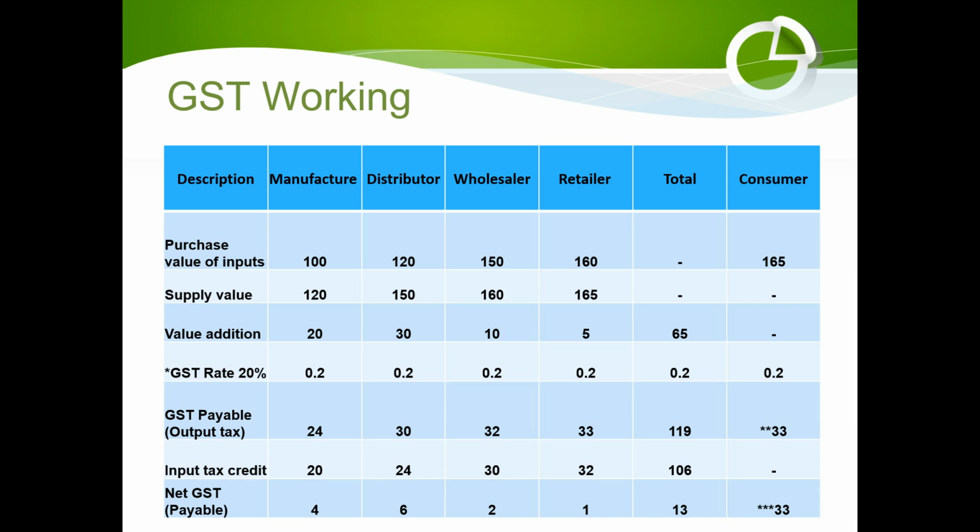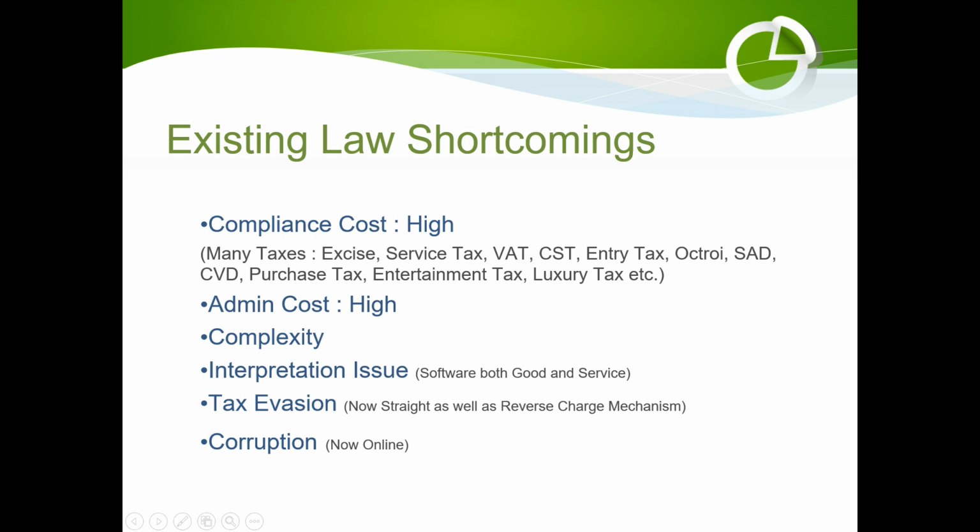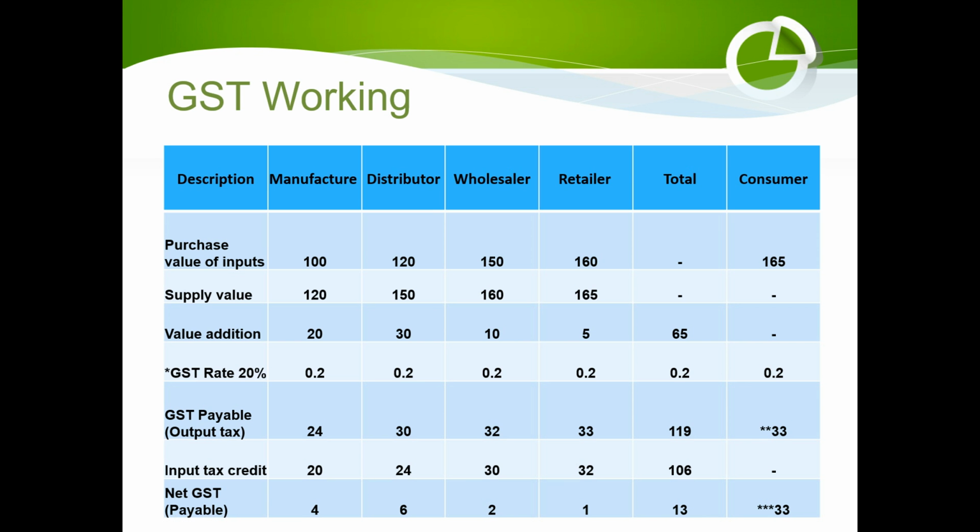Input tax credit which is available from inputs: the inputs purchase value is 100, and on that 100, 20% GST, that is 20 rupees. Net GST payable is output tax payable 24 minus input tax credit available for the manufacturer, so net GST payable is rupees 4.